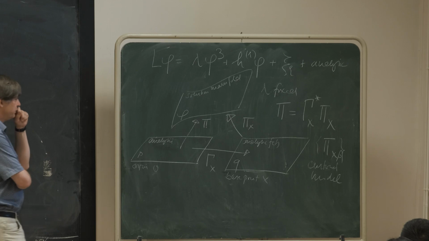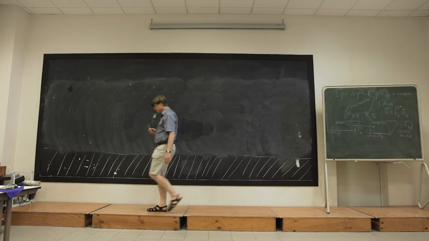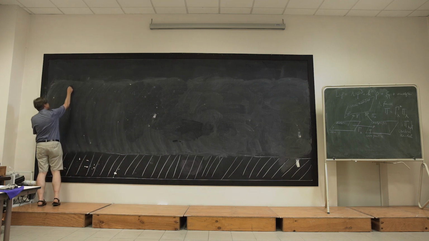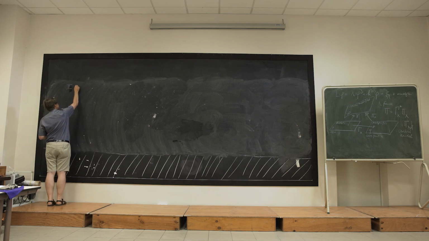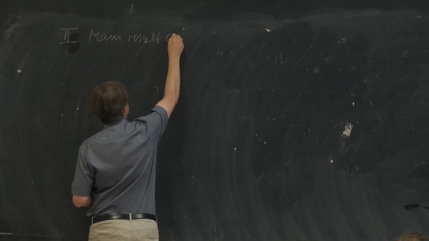Okay, so this is where we were, and last time I stated the main result, but I skipped one chapter, so we are now in chapter 2, which is main result and sketch of proof.